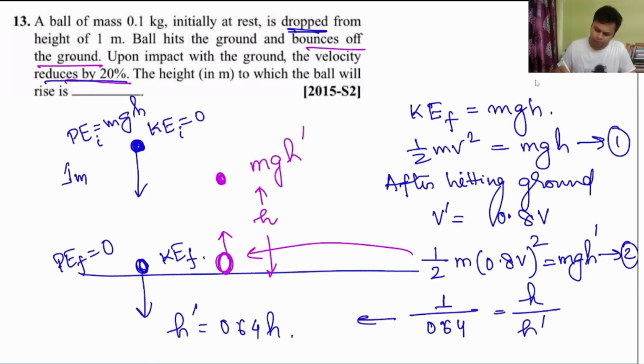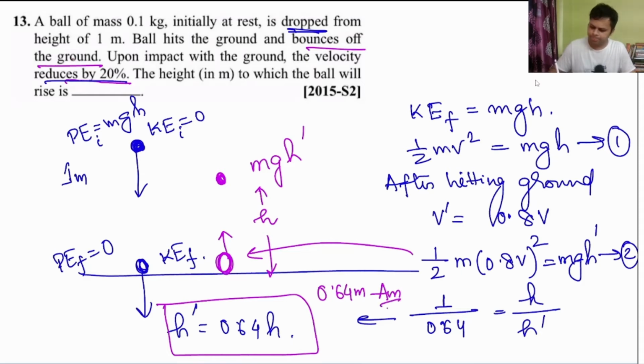The value of h is given as 1 meter. So the new height the ball will rise to is 0.64 meter. I hope this is clear.